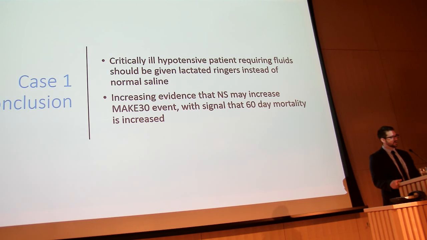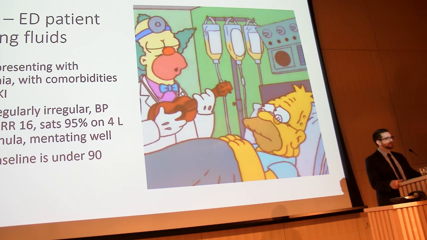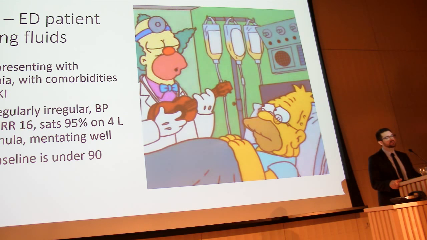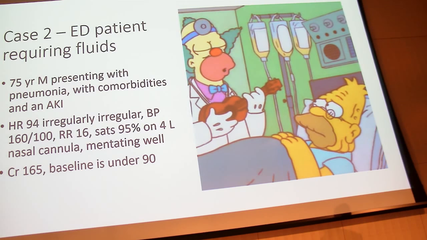Okay, so let's present another case here. How about Grandpa Simpson, who's coming in? He's a 75-year-old guy. He's got pneumonia. He's got multiple comorbidities, and he has a clear AKI. Creatinine is increased from baseline. He's hemodynamically stable and requiring just a little sniff of oxygen in the nasal prongs.